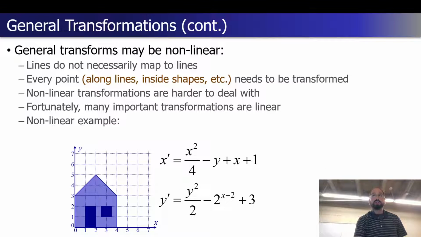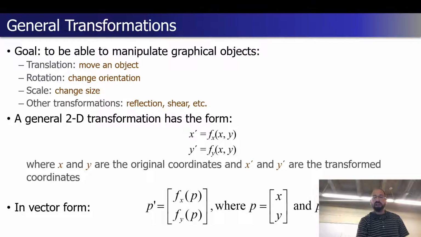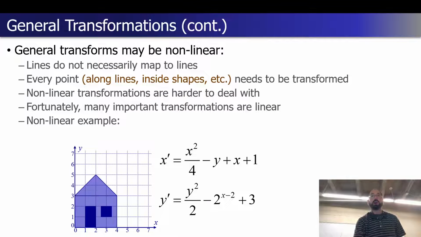In general, the transformations we can apply given a function f sub x and f sub y are arbitrary. We can do all sorts of things given an input x and an input y, and mathematically they're all perfectly valid. We do not necessarily need to have what is also referred to as an affine transformation, where lines correspond to lines and lines of parallelism correspond to lines of parallelism.